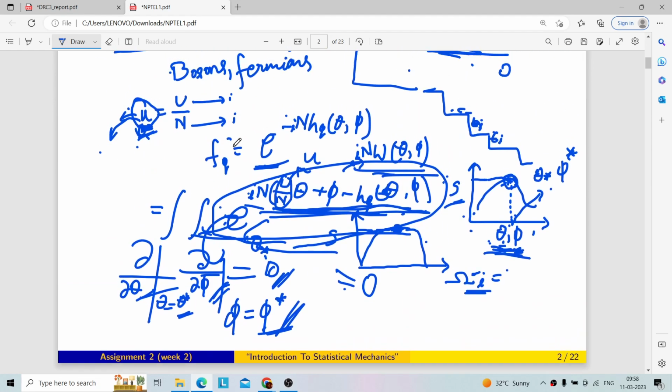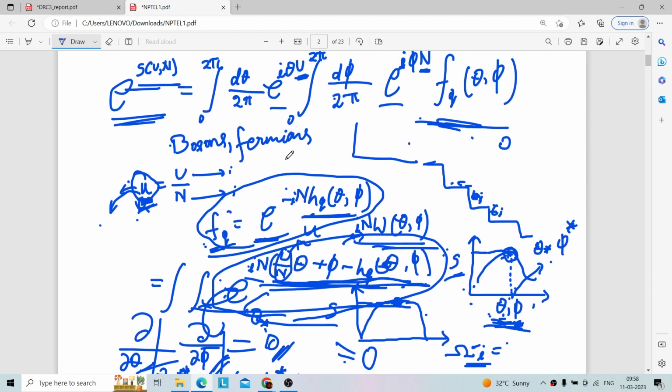We have defined here hq. You just have to take the logarithm of both the sides. You can find hq as I over n logarithm of this fq function.